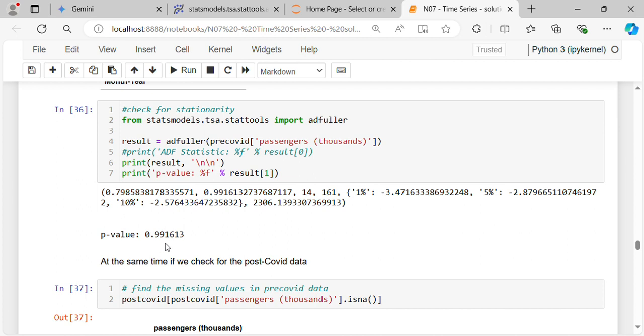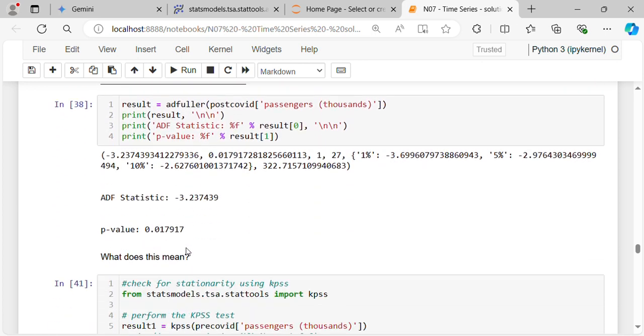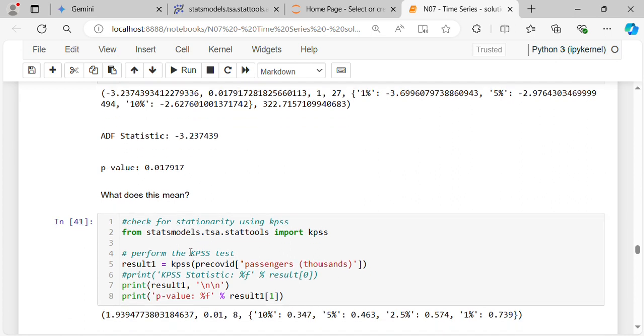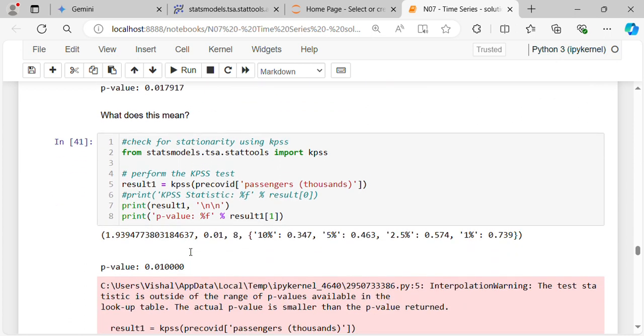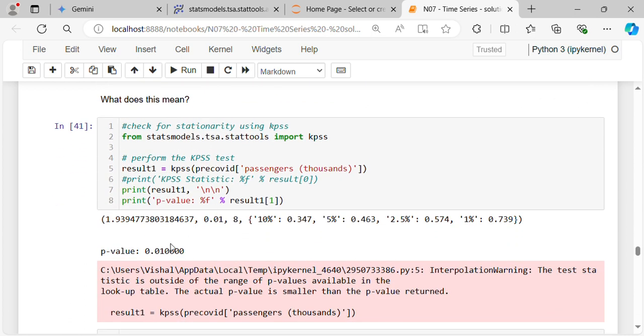So the p-value is 0.9916. So this is not for kpss. This is not the p-value. Yeah.